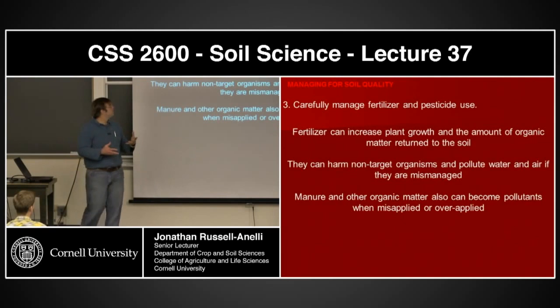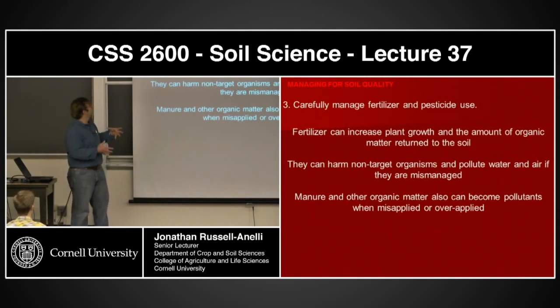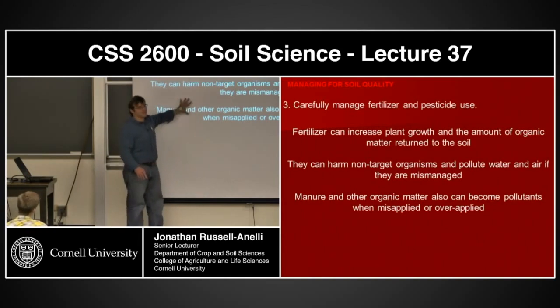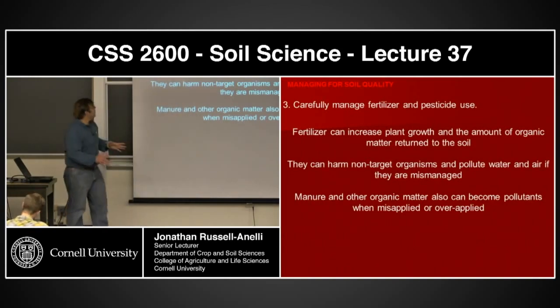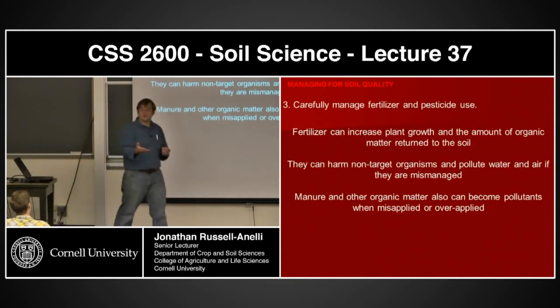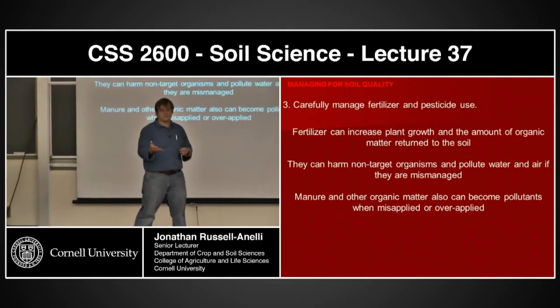How about another one? Carefully manage fertilizer and pesticides. None of these slides actually worked the way I wanted them to. They were all supposed to say 3 and then just that, and then the next slide was going to be the answer. But all right, why would I want to carefully manage fertilizer and pesticides? Well, fertilizers can increase plant growth, and if I increase plant growth, what am I going to be doing for nutrient management?